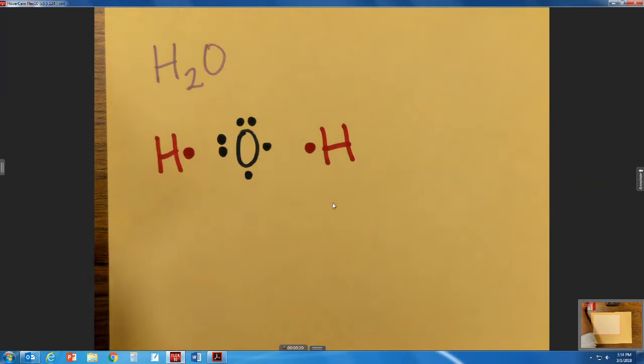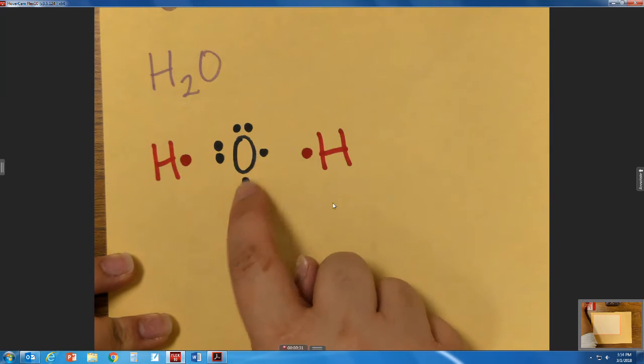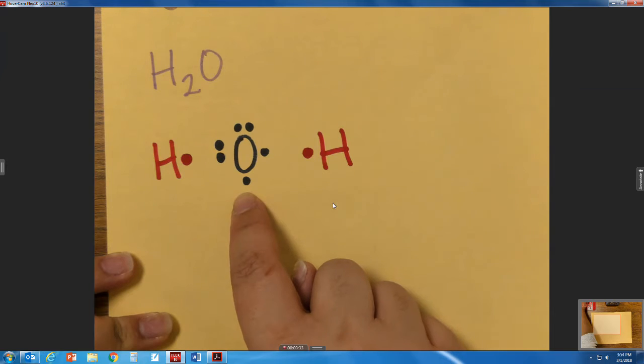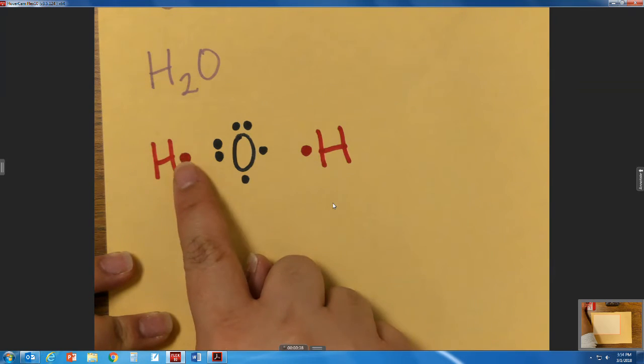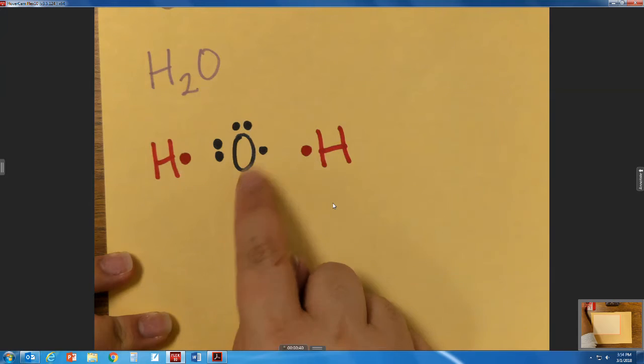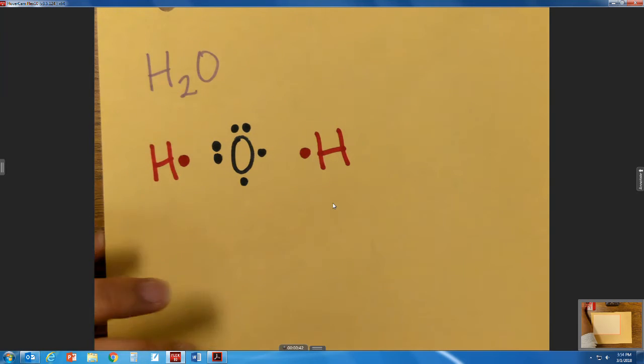So remember, in covalent bonding, they are going to be sharing electrons. Now our rule, the bus seat rule: we have 2 empty seats right here. So that means our hydrogen electrons can go ahead and take that seat that's left on the bus.